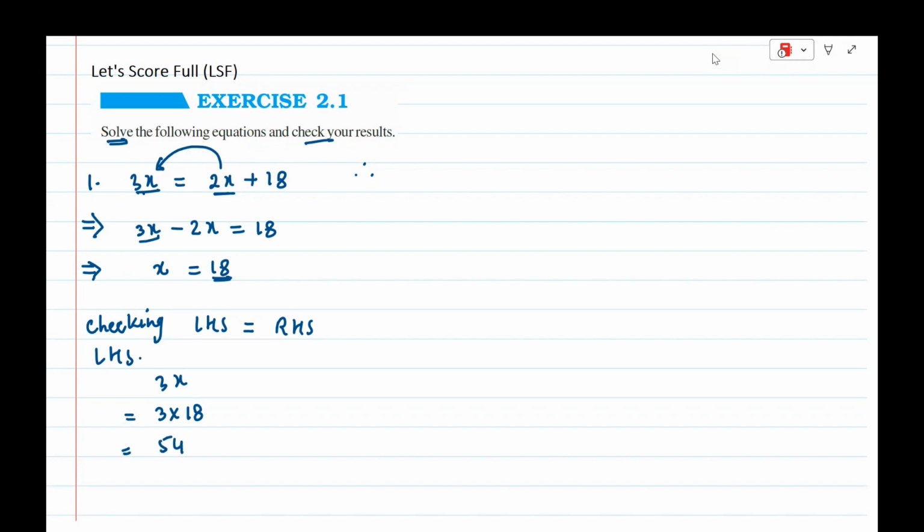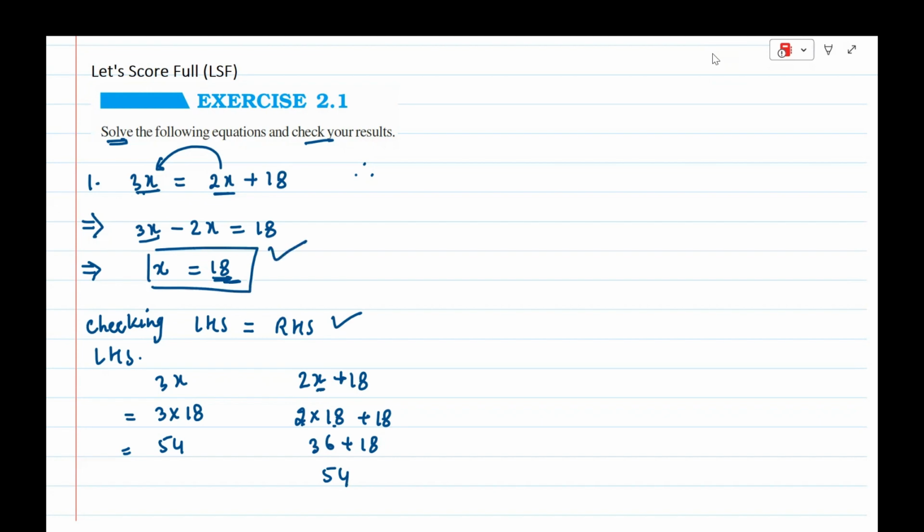Now solve the right-hand side. Right-hand side I have 2x plus 18. So 2 and then x, which I got as 18 from here, and 18. Now 18 twos are 36 plus 18, which is 54. As the left-hand side is equal to the right-hand side, the value I have solved is correct.